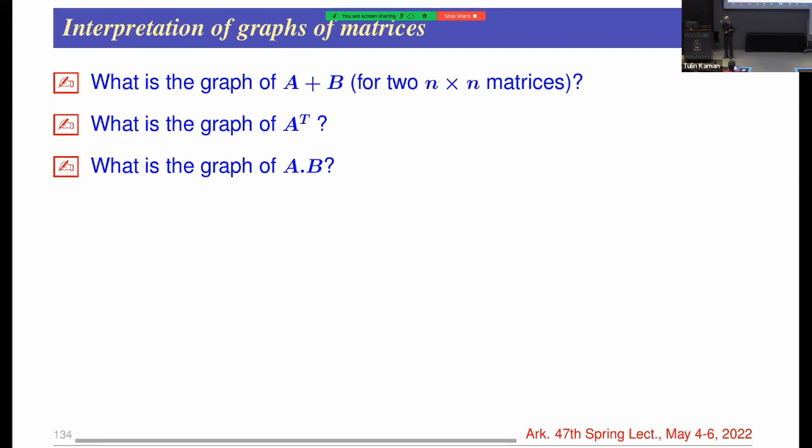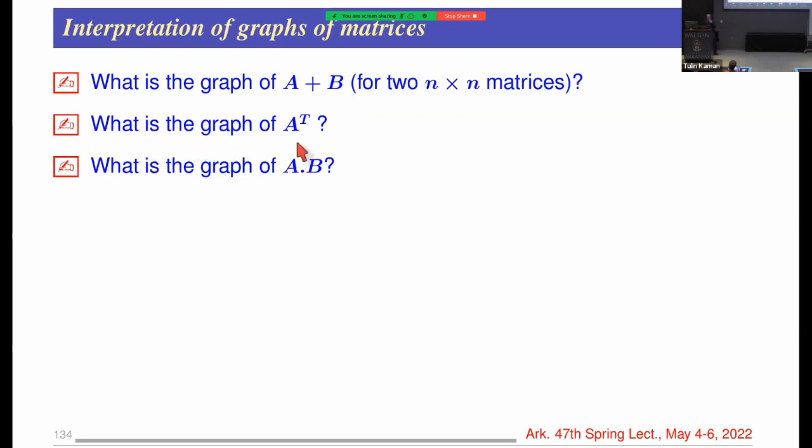Now this is a question. It's simply a graph which has the same vertices, but the graph is the union of the two graphs. So you have an edge between I and J if there's either an edge in A or an edge in B, right? So that's really simple in this case.